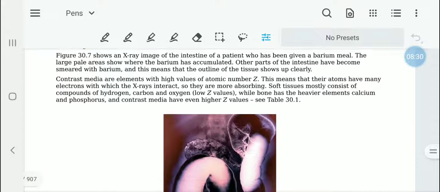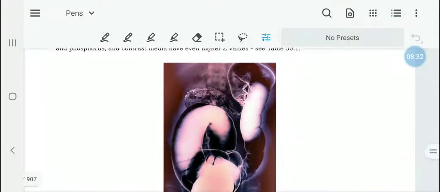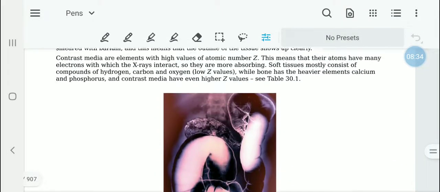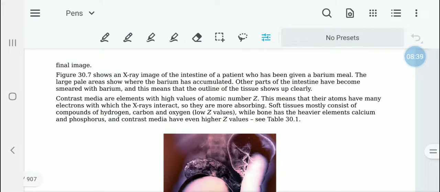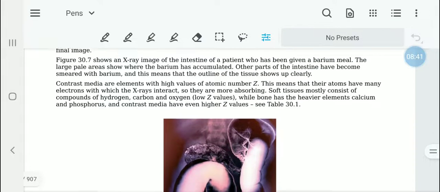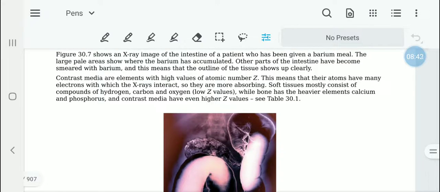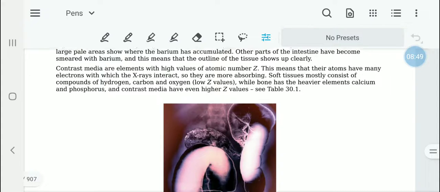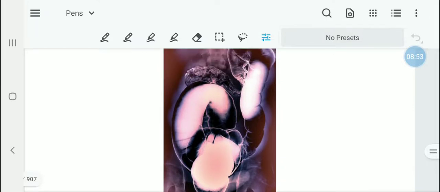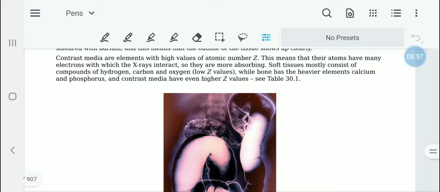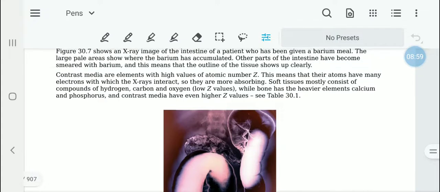So now here in this picture, it is shown a patient who has taken a barium meal. So the intestines are shown where these pale areas show the places where barium is concentrated or collected.